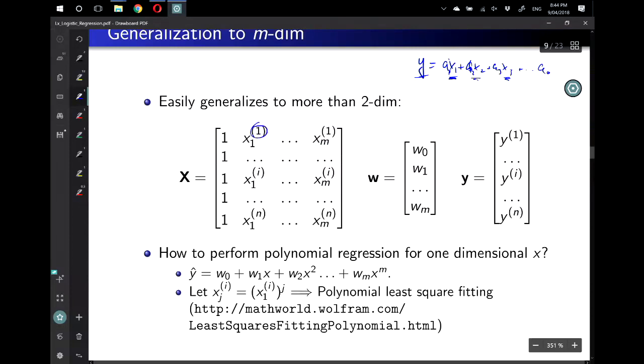This is my first point, and this is my first dimension, and this should be x2,1, and so on and so forth.